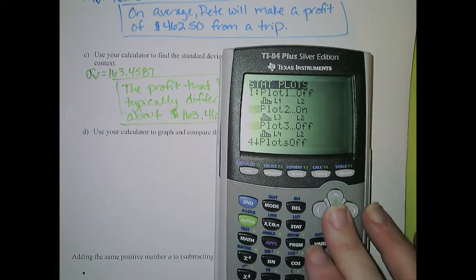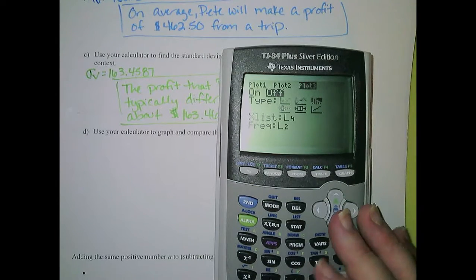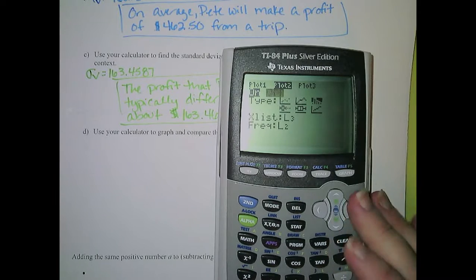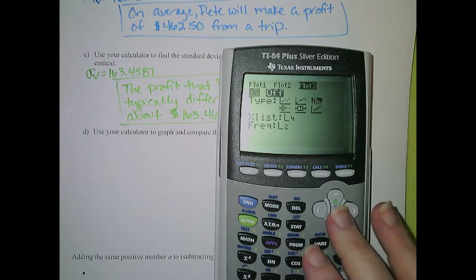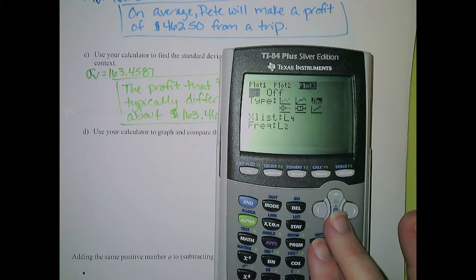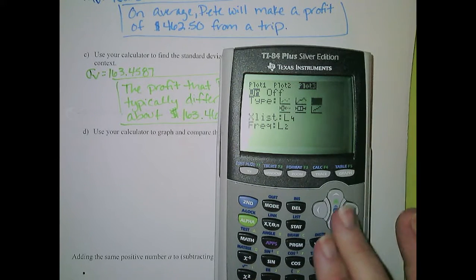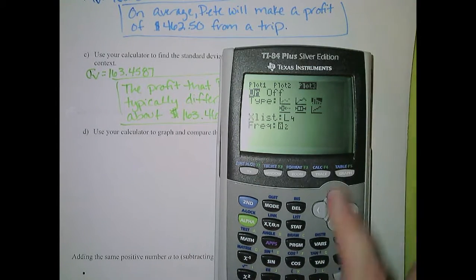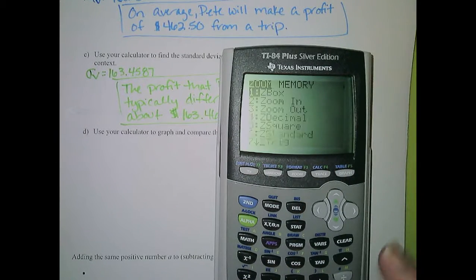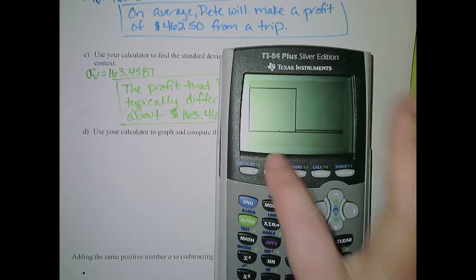So now I'm going to go to plot 3. Let's turn plot 2 off. Plot 3, I'm going to turn it on. This time my values are in list 4. My frequency list is still list 2. Again, if I do zoom 9, I'm not going to get the best window, so I can alter it.